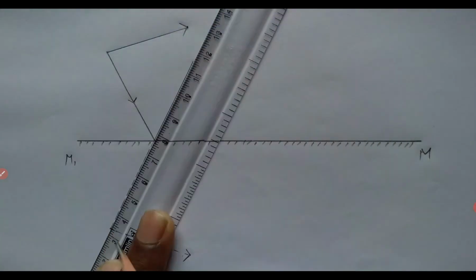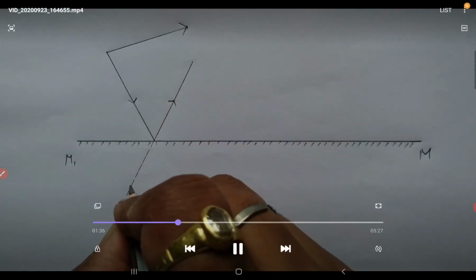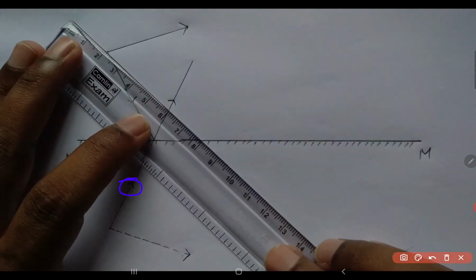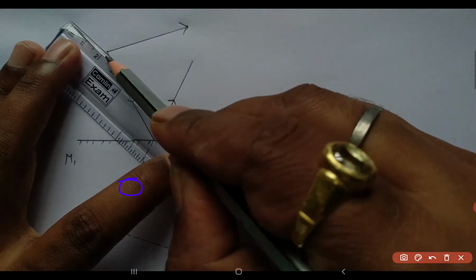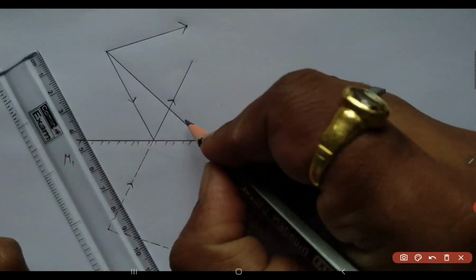Now the ray goes upwards. So this is my reflected ray, and that is my dotted line. This particular arrow is not necessary at all. This is just to show you that I was drawing in the upward direction.